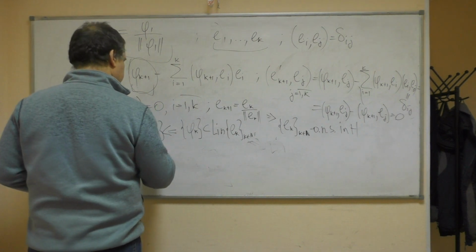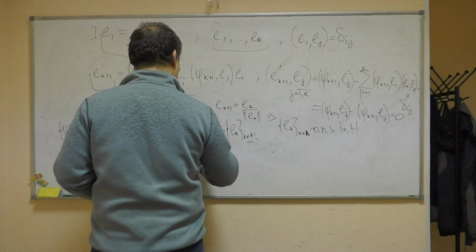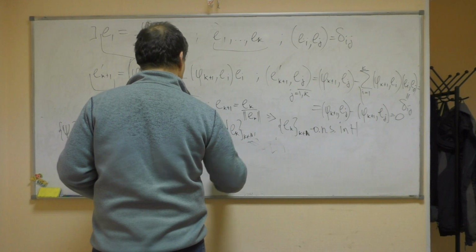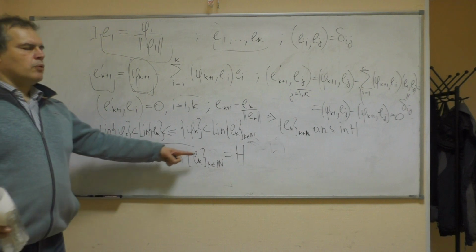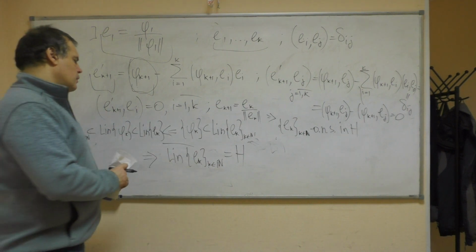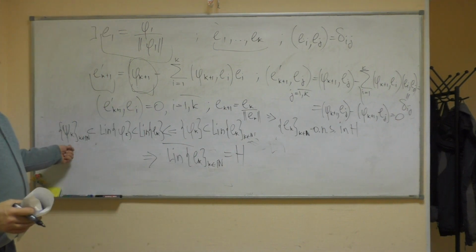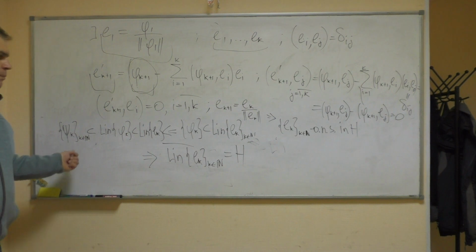So the closure of the linear envelope of E is equal to H, because once again the linear envelope itself contains the initial system psi k.